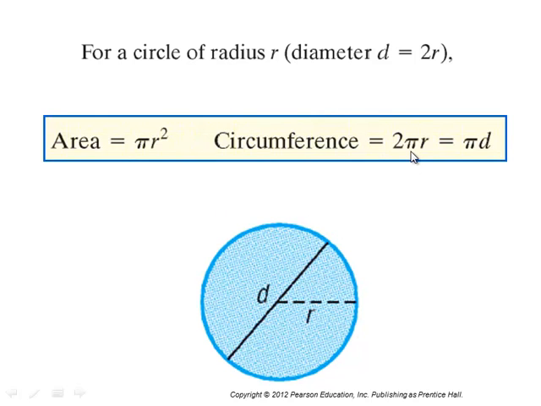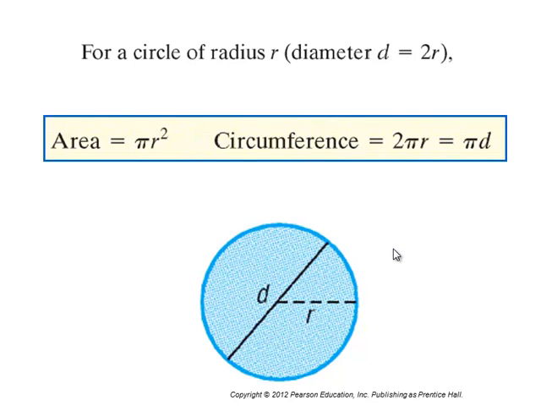Circumference is going to be 2 times pi times the radius. Well, that should make sense because we know that pi is always going to be the ratio of the circumference to the diameter. For any circle, no matter how small or how large, that's what pi is.